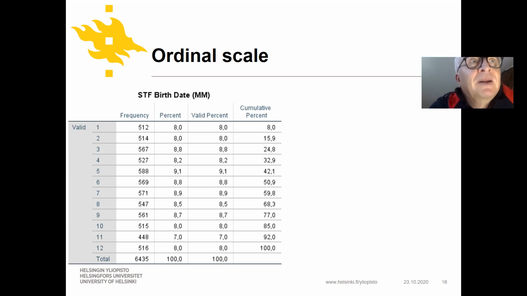If you just put them in the order, for instance, of alphabetical order, then it's still not anything other than a categorical or nominal scale. But if you make the variable ordinal, then you order them, for instance, by size. So you would put Helsinki as the biggest and Oulu as the smallest, also by population.